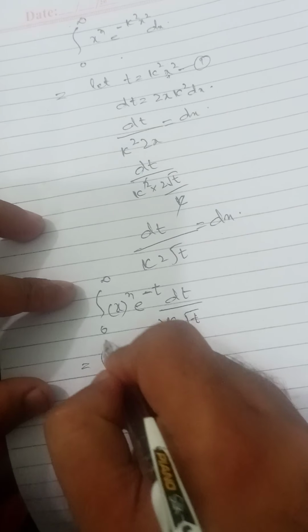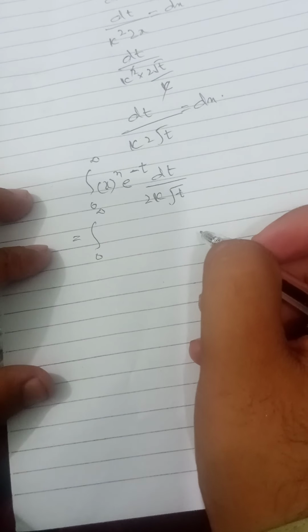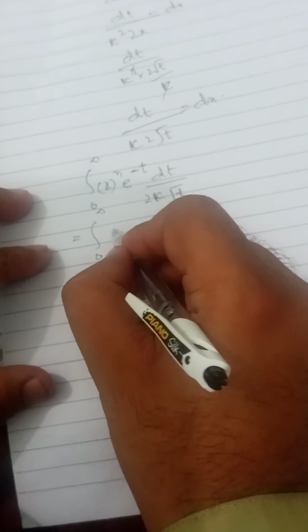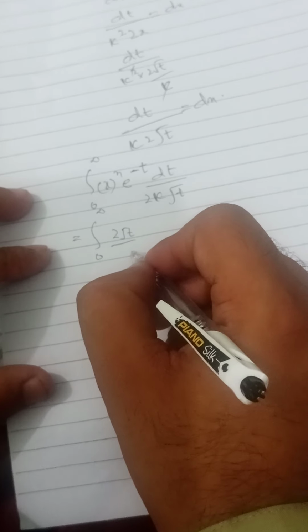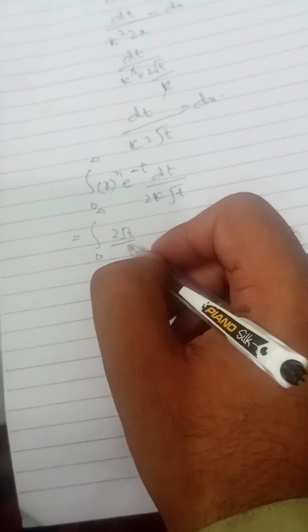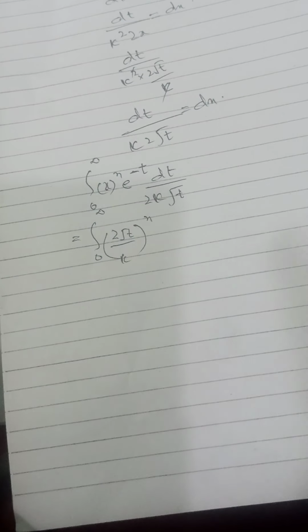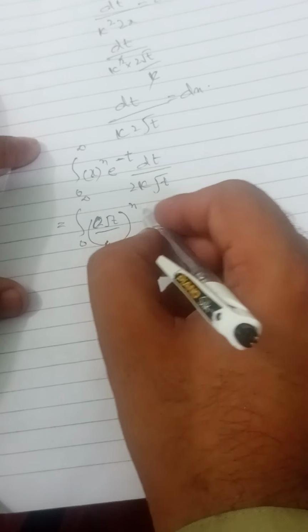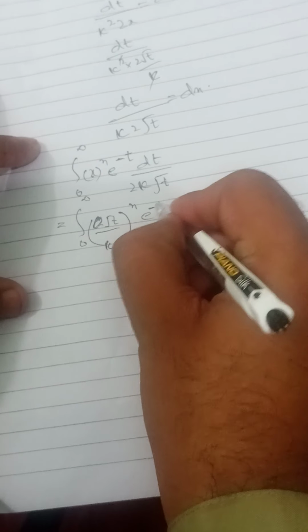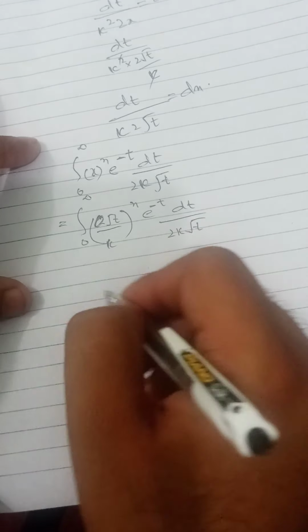So the integral from 0 to infinity of the square root of t divided by k, whole power n, e to the power minus t, dt divided by 2k square root of t.